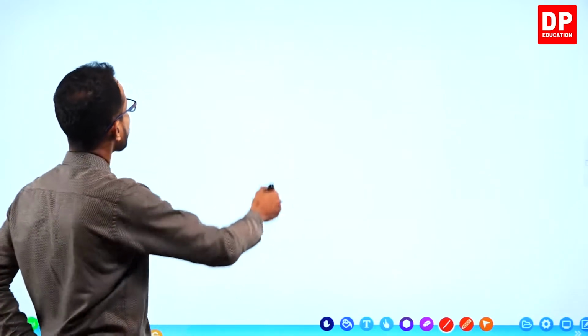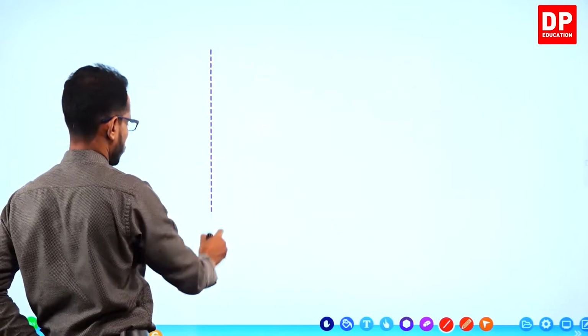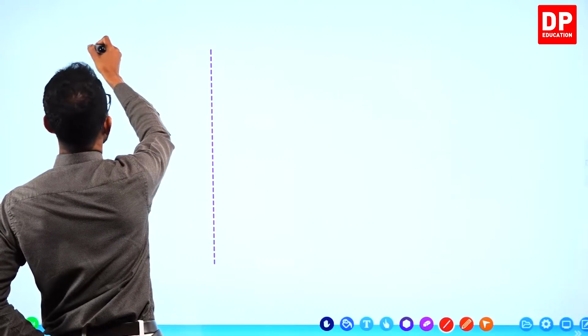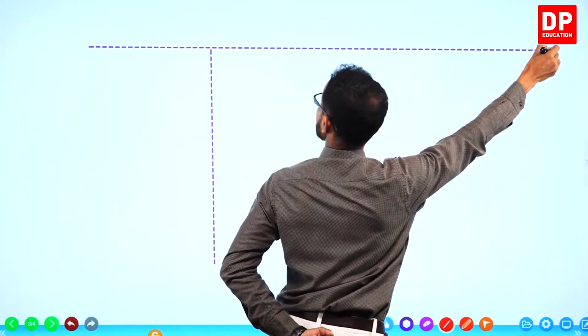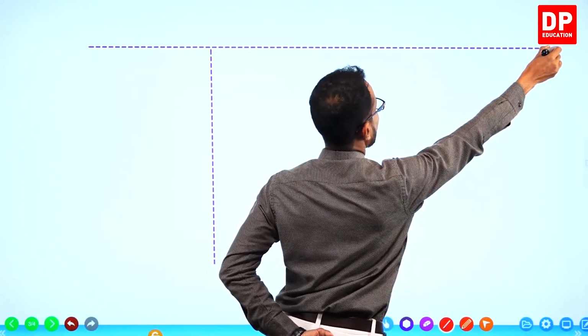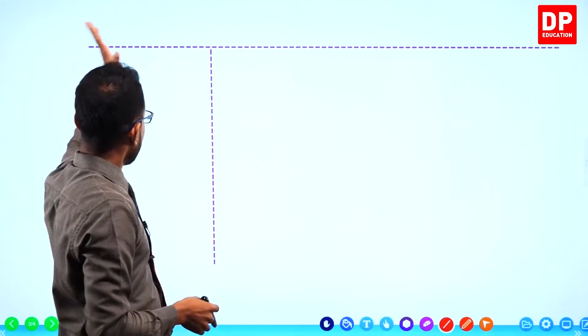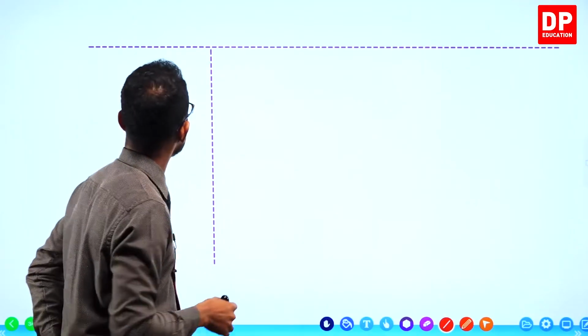Draw the T first. Draw the T by taking more space onto the credit side, less space onto the debit side. Okay, done.